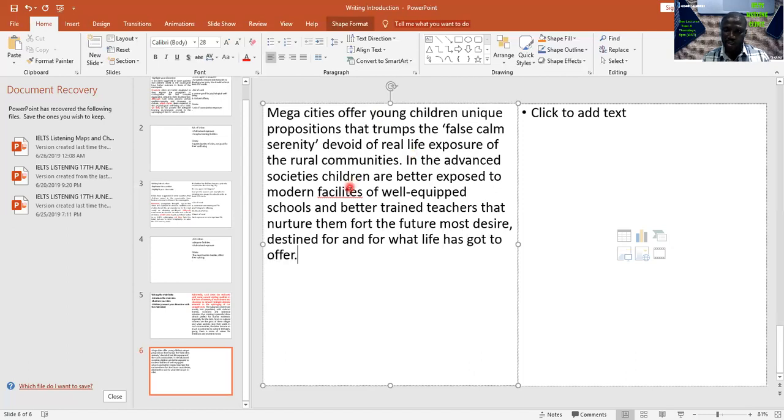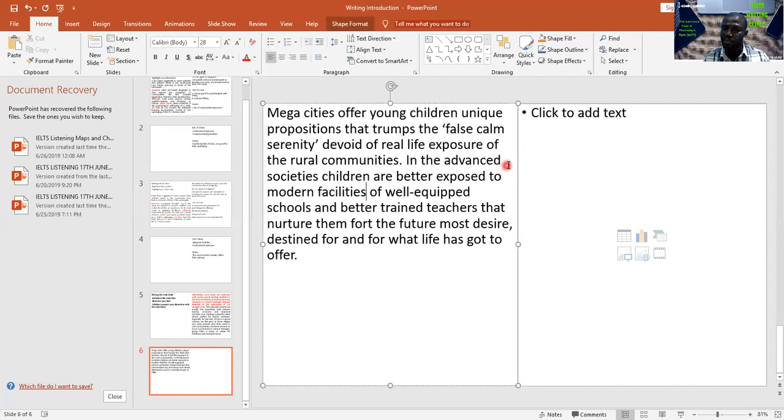So I said mega cities offer young children unique propositions that trump the false calm serenity devoid of real-life exposure of the rural communities. So it is this unique proposition in the advanced society.